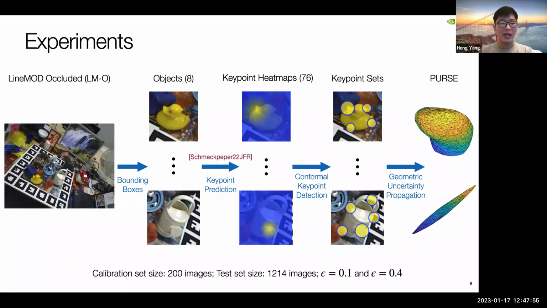The calibration set has 200 images, and the test set has more than 1,000 images. We evaluate two cases: the first is where the user wants to be super confident, 90% confident, and the second is where the user can tolerate a little bit of uncertainty or failures in the keypoints, so we want to be 60% confident.